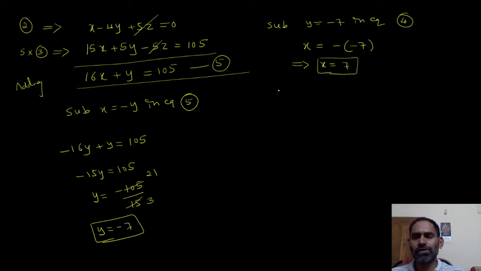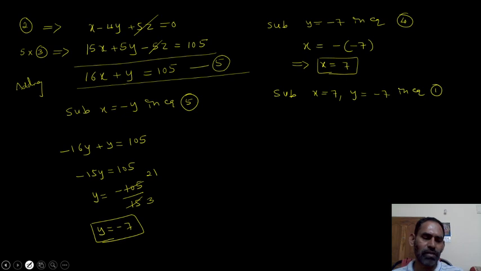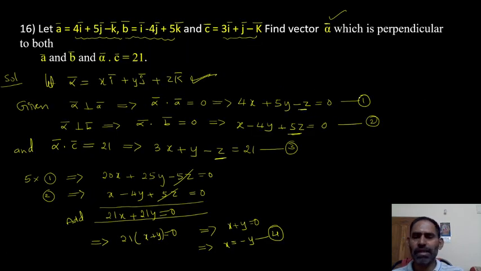Substituting these two values, x equal to 7, y equal to minus 7 in equation number 1. We can substitute in 1 or 2 or 3 because z is required. z is there in equations 1, 2, 3. So I am substituting the x, y values in equation 1, so we will get z also.